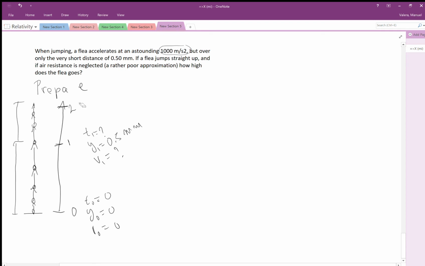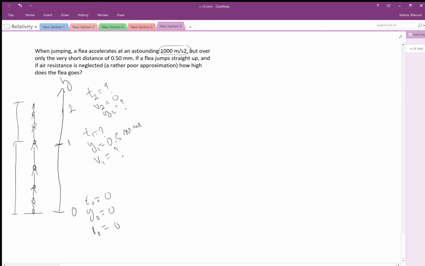Then for 2, when it gets to the top, we have t2, which we don't know. We have v2, which is 0 because it reaches the highest point. And then we have y2, which we don't know and we want to find.